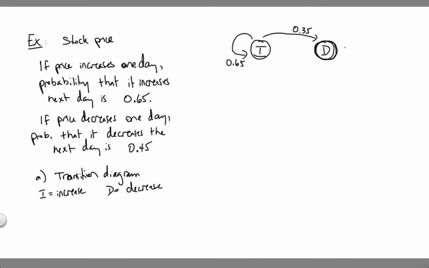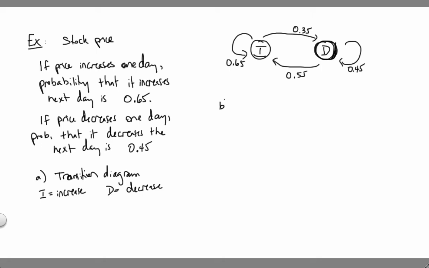If it decreases on one day, the probability that it decreases the next day is 0.45, that was given in the question, and therefore 0.55 probability that it increases the next day. So the sum of arrows leaving a given state will always add up to 1.